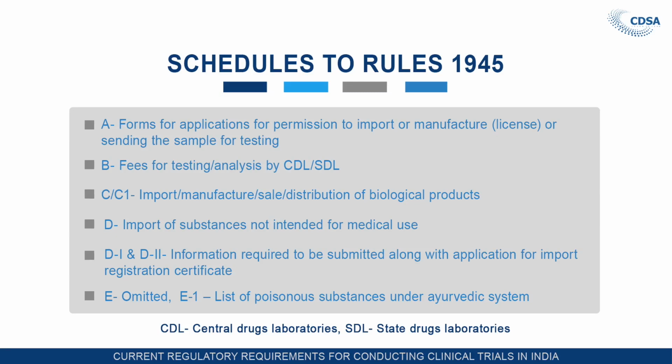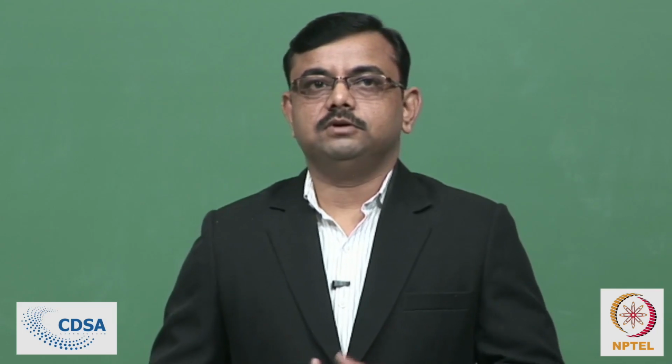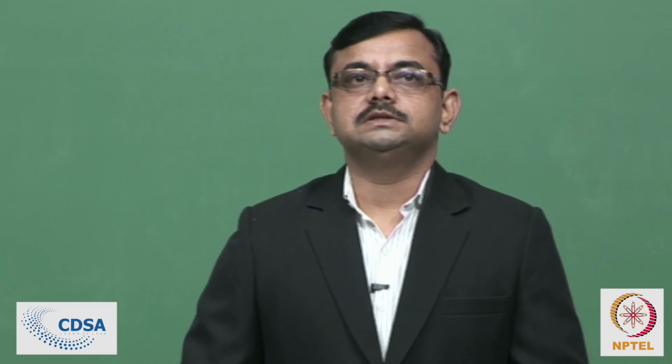So the forms we have seen above, that is Form 44, Form 45, Form 46, 46A, 45A, and many other forms are given in this Schedule A. From Form 1 up to Form 50 with different sub forms, that is Form 40A, 46A, 46B. Likewise, all the pro formas are given in this Schedule A.